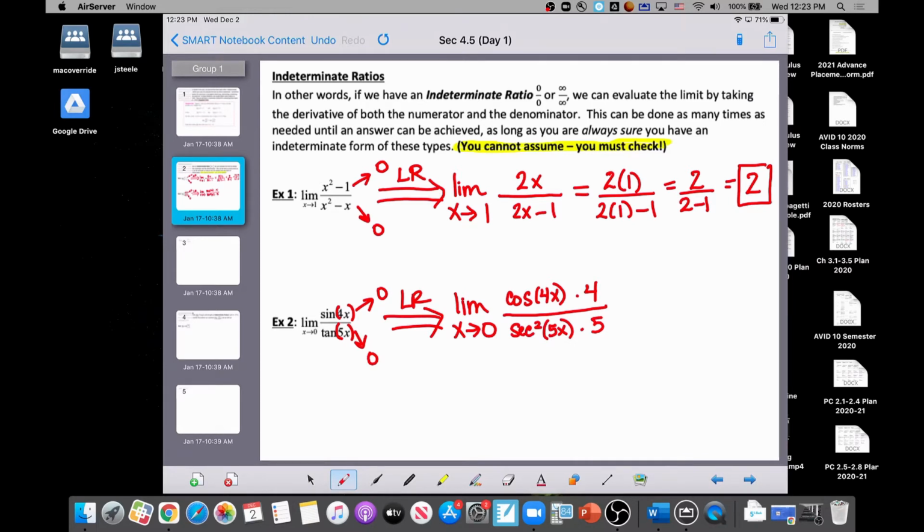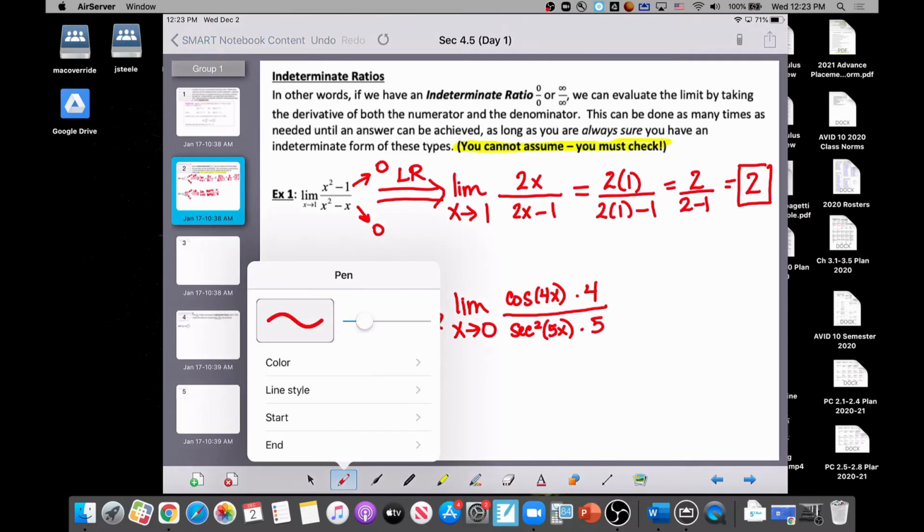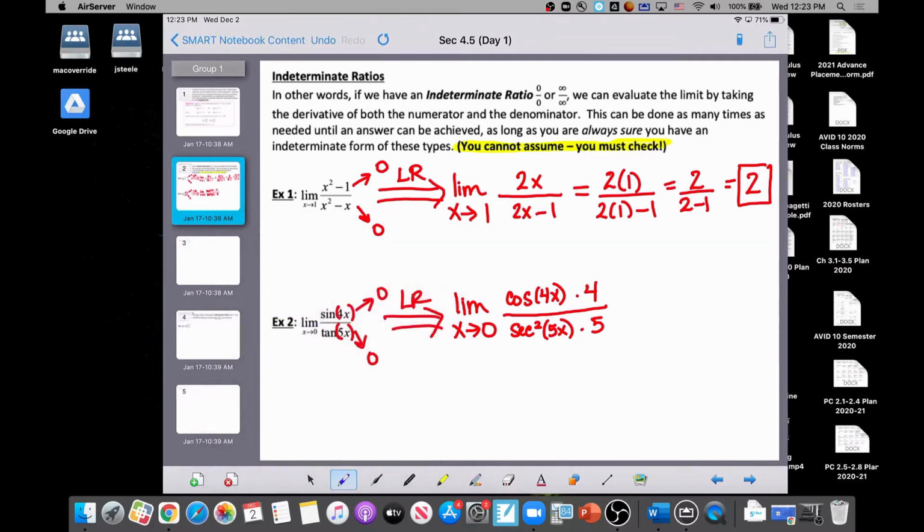And I'm going to do a little algebraic trick right now. In my denominator, I have secant squared 5x. And since it's in the denominator, it's 1 over secant squared. But secant is the reciprocal of cosine.